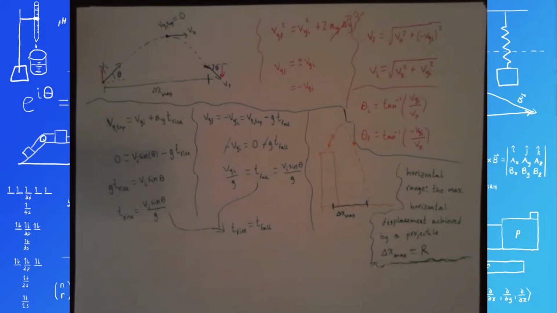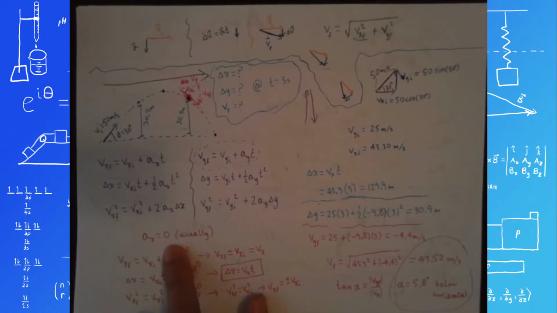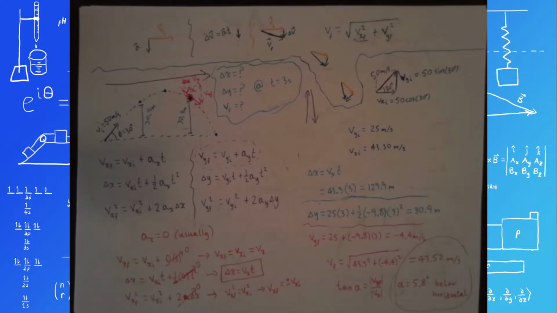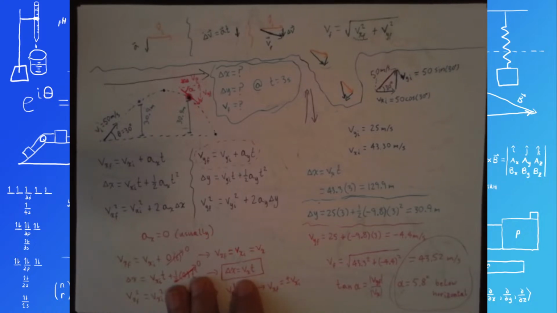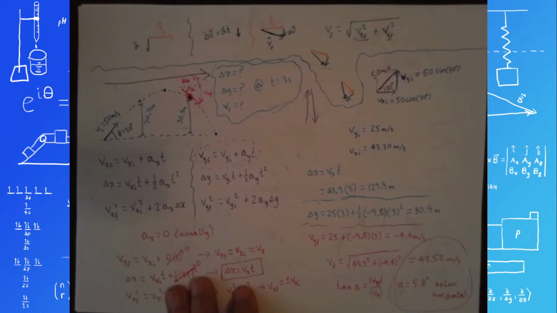Well, this next thing, it's not official, but when you want to calculate the horizontal range, usually the acceleration in x is 0, and there's not really much you can do with x. You've got your horizontal displacement, you've got your vx, and you've got your t. 3 variables. You need to know 2 of them to solve for the third one. A lot of times you're either going to know delta x and not vx, or you're going to know vx and not delta x.